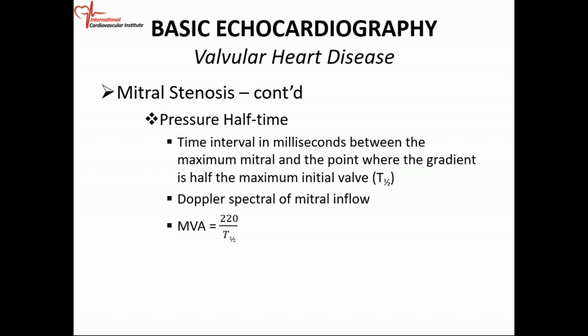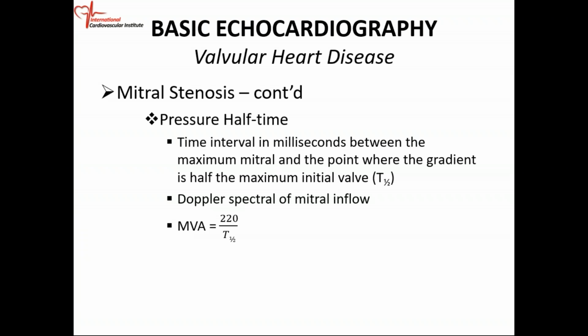So we looked at planimetry. The other method we're going to look at is the pressure half-time. Okay? And as the name suggests, the pressure half-time is the time it takes for the pressure to fall to one half.